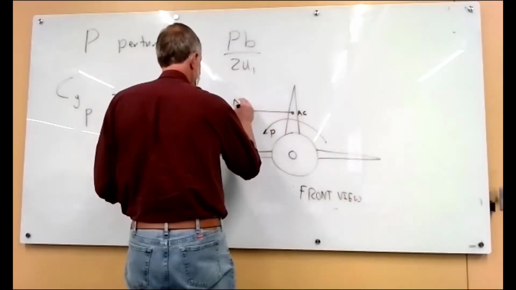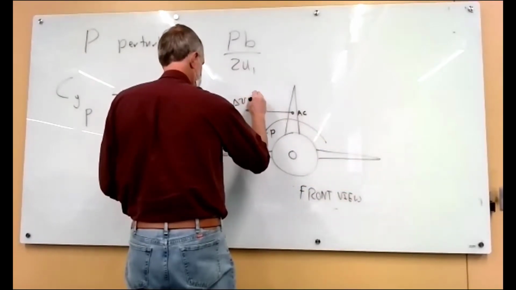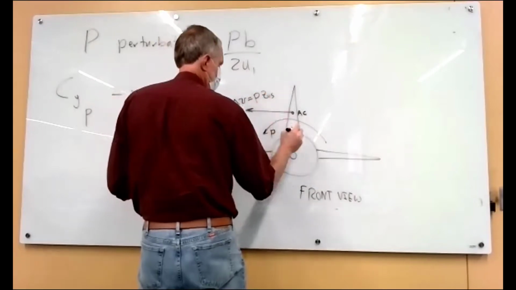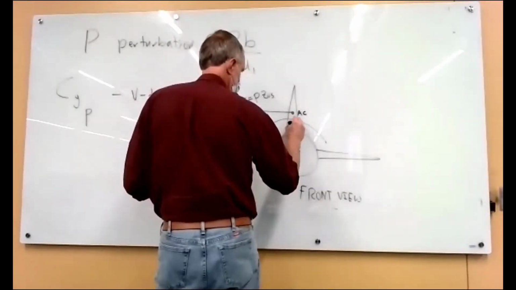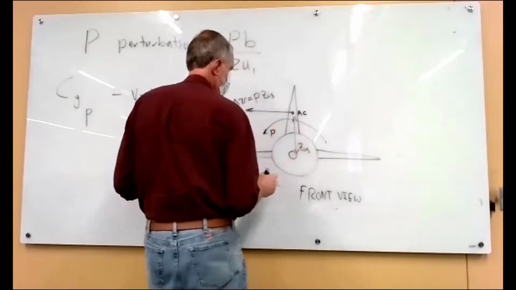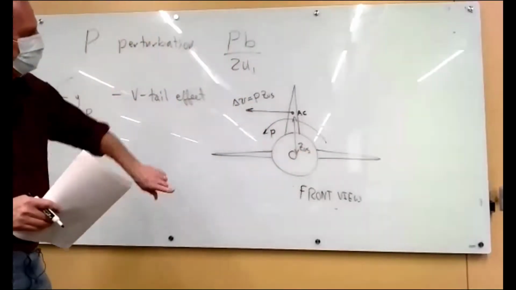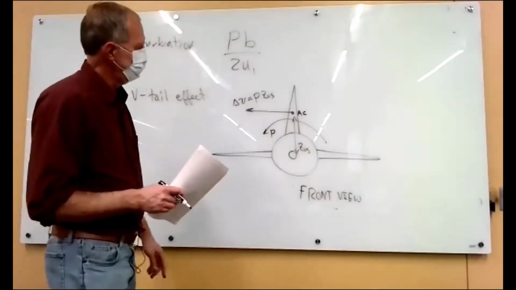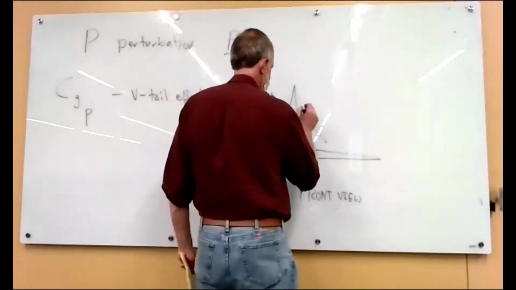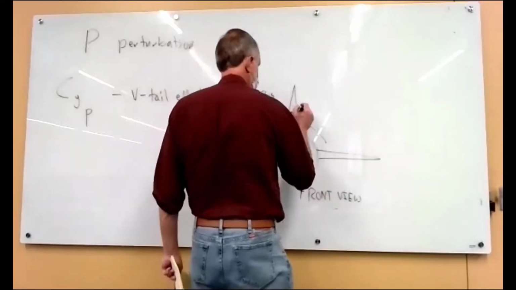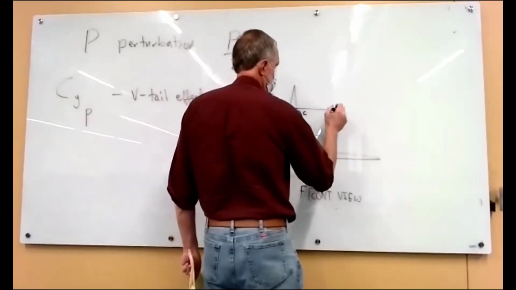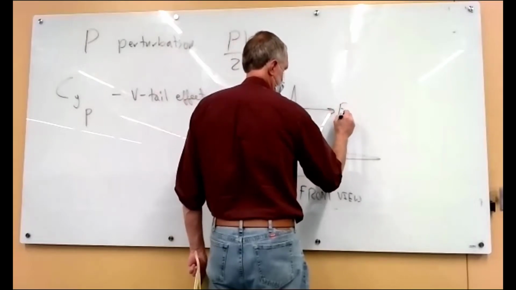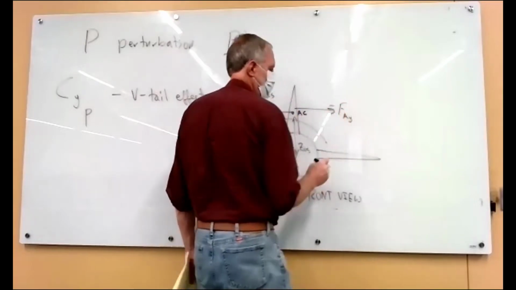So we get a side velocity. That's the distance ZVS up, and it's rolling like that. So we get, because this is going this way, a side force in the negative direction.